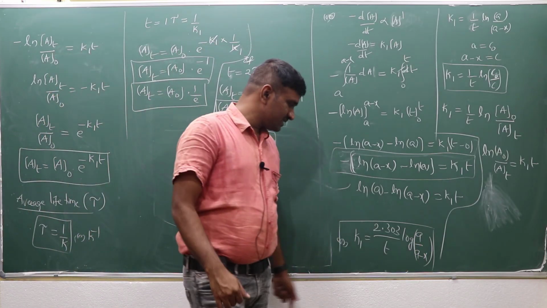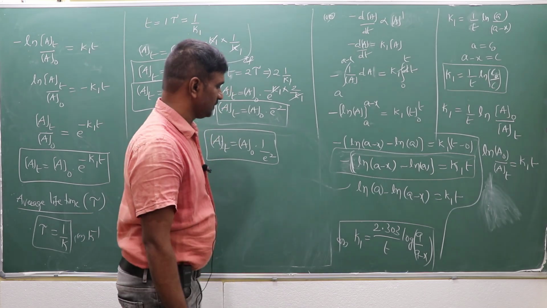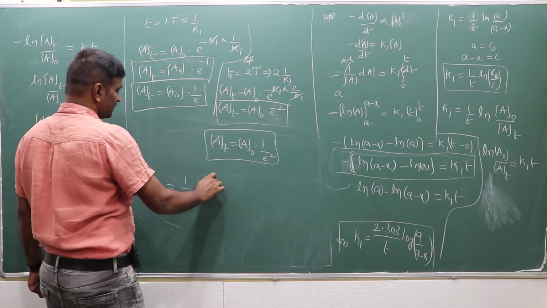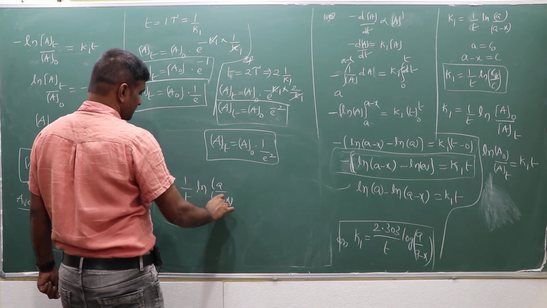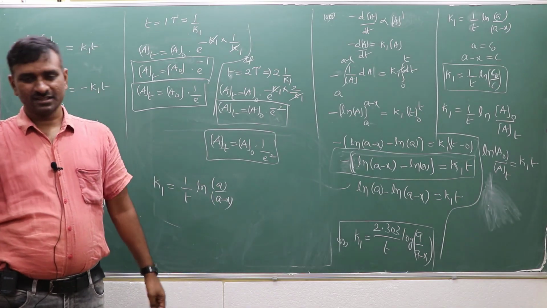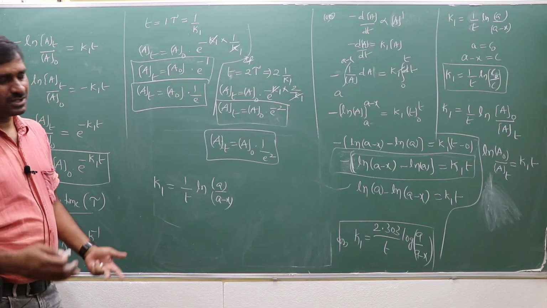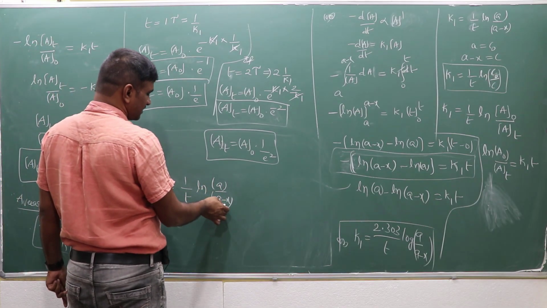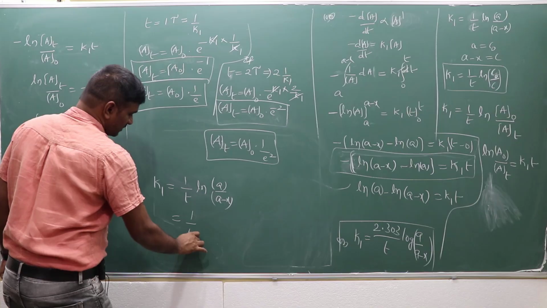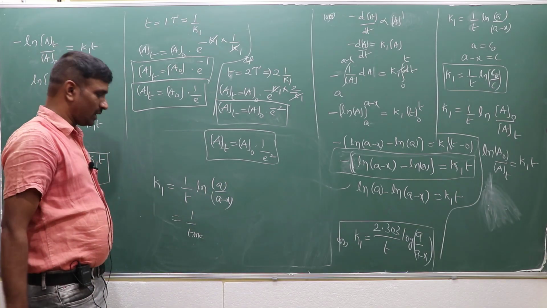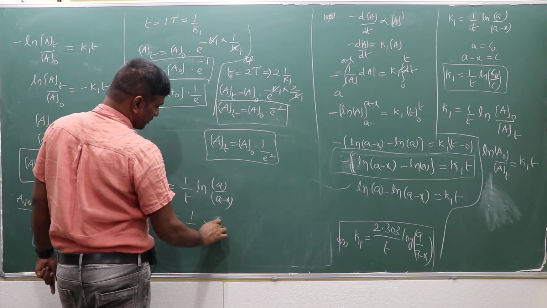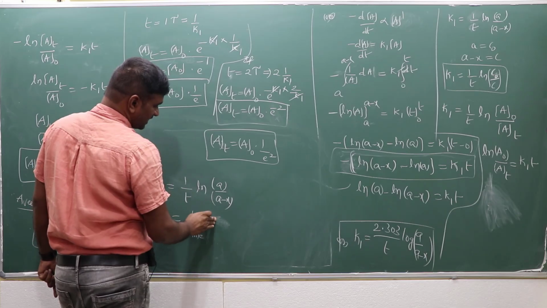Now K1 is equal to, what are the units? First order rate constant units. K1 is equal to 1 by t into ln a by a minus x. Here a is the initial concentration, and a minus x is the concentration of the reactant left. So this is concentration, and this is also concentration, moles per liter. Concentration cancels with concentration.